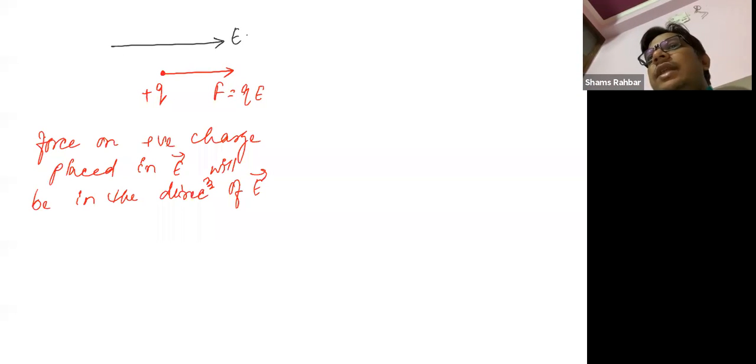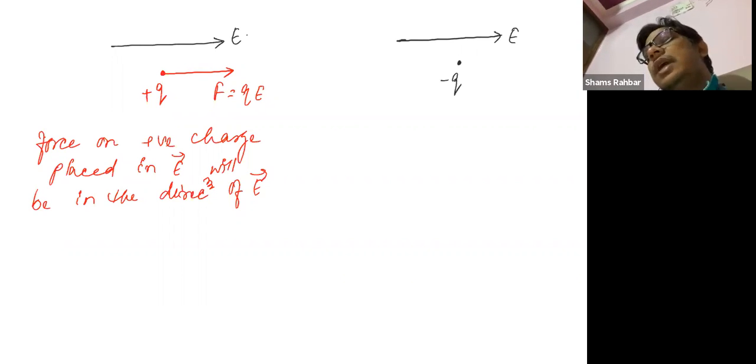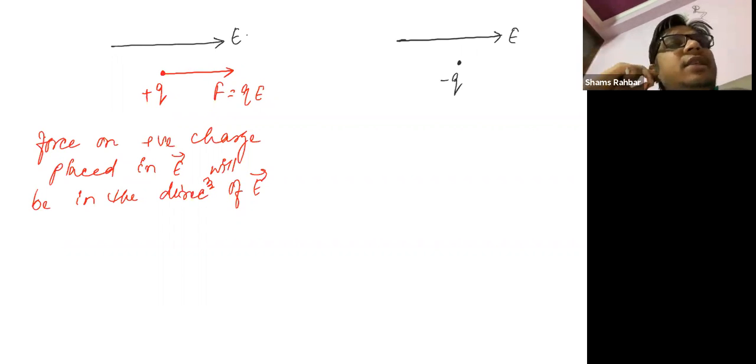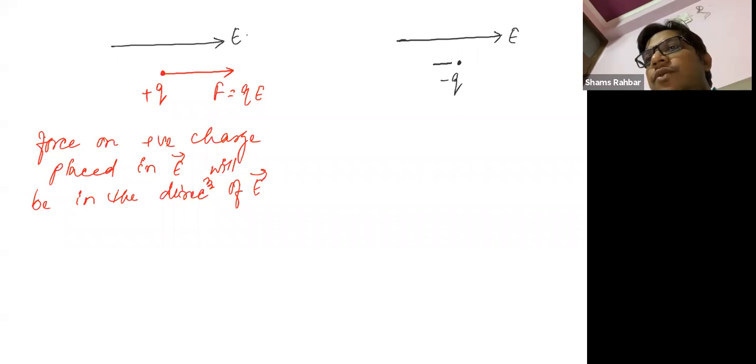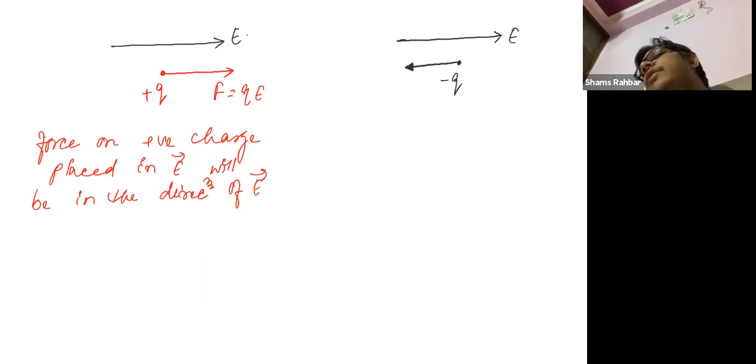Clear? On the other hand, if you place a charge inside this electric field and that charge is negative, let's say we place a charge and that charge is negative, again this charge will experience some force, right? In which direction will this force act? Understand this. In this case, this charge will experience the force in a direction opposite to the direction of electric field.